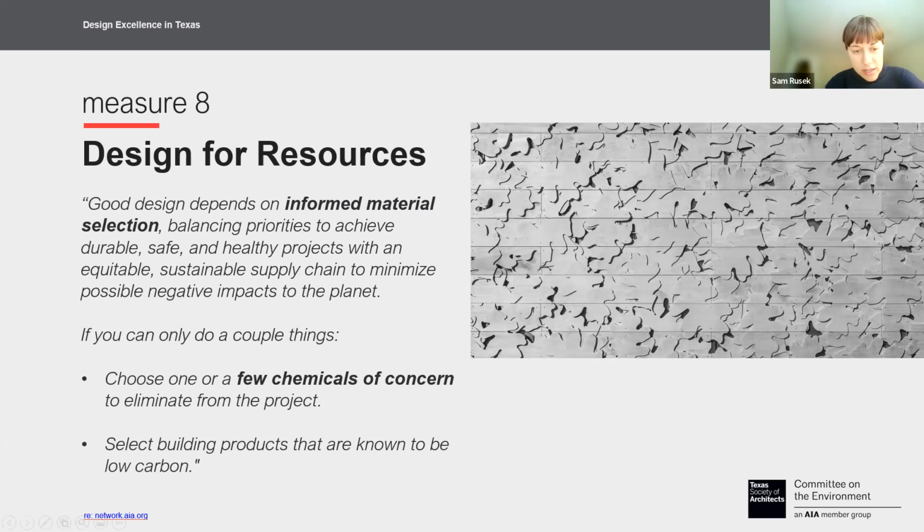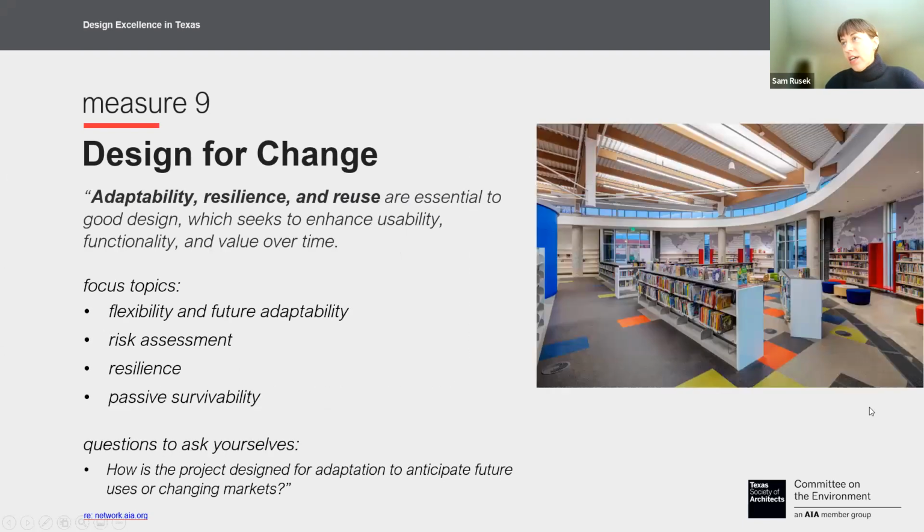move on to the next measure, design for change. So we all are very familiar, I think, at this point as well with resilience, really wanting to talk about adaptability, resilience, and reuse as essential to good design. Seeking to enhance usability, functionality, and value over time, over the life cycle of that building.